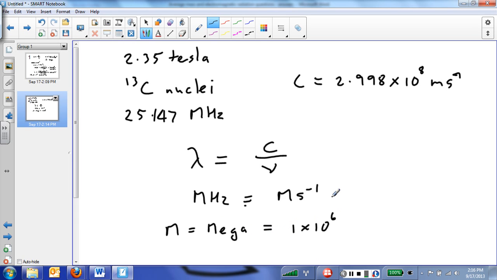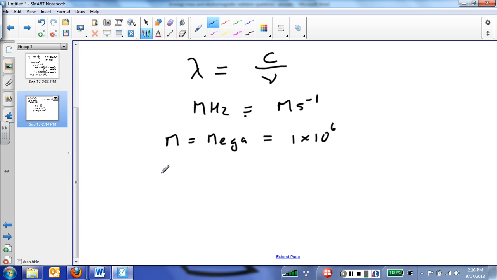So 25.147 megahertz is simply 25.147 times 10 to the 6 hertz, or per second.